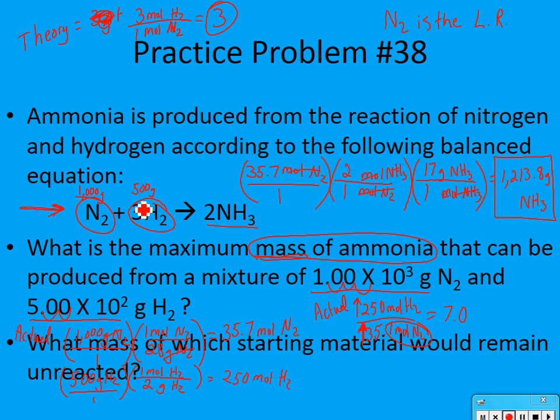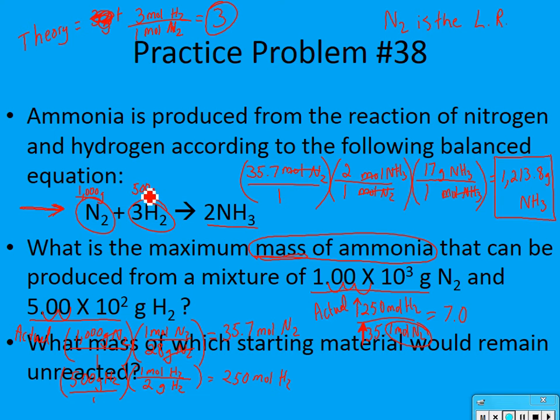It's a good question. Stay with me. How would we determine how much of this hydrogen is going to be left over? Could we use stoichiometry to figure that out? We know we're going to make this much product. Could we use stoichiometry and go from mass of product back to mass of hydrogen and see how much we actually used?